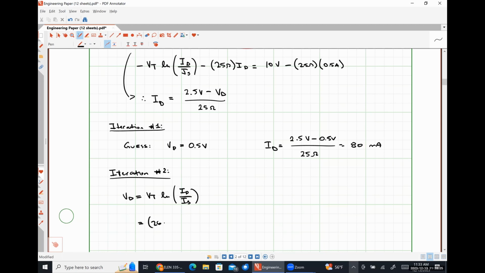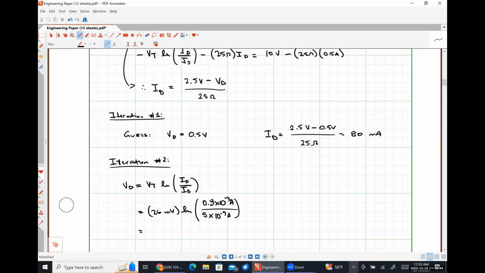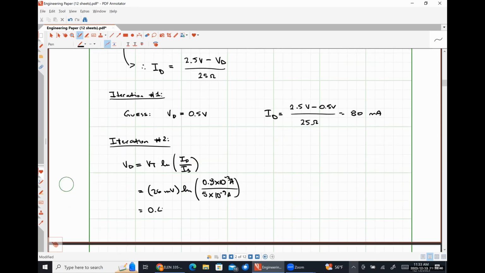Substituting in numbers, that's 26 millivolts times the natural log of 0.8 times 10 to the minus 3 amps over, I think, 5 times 10 to the minus 9. And we wind up getting 0.431 volts. So there was a pretty significant change between our iteration 1 voltage and our iteration 2 voltage, which means we've got to keep on trucking.